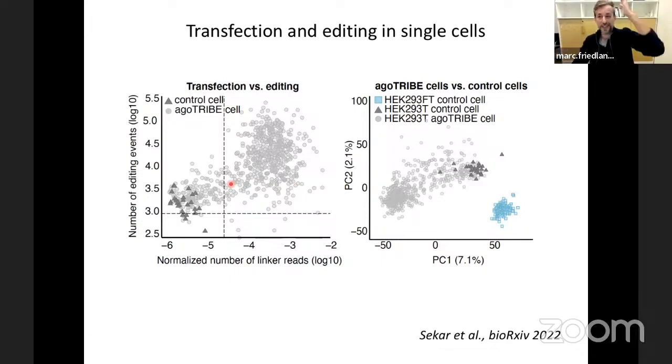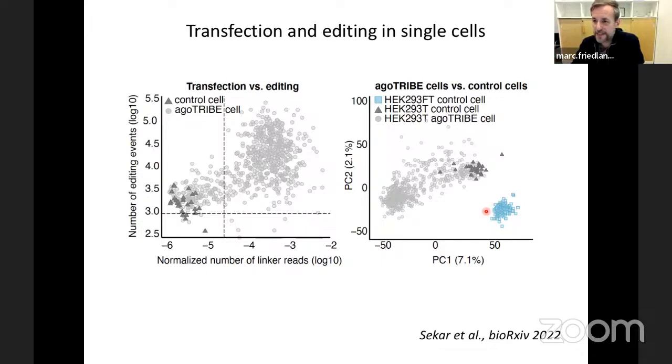And we also wanted to look at how much this transfection actually affects the transcriptome of the single cells, because it is a perturbation, right? So you can see here the control cells, and here the agoTRIBE transfected cells, which are overlapping, but in part distinct. And then we compared that with basically another lineage of hex cells.